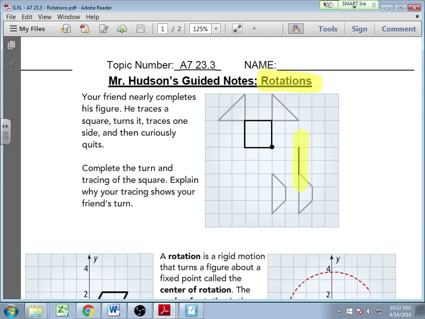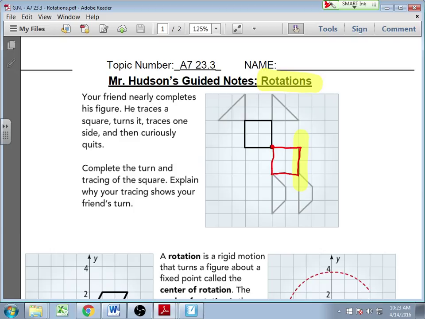So here, we have this point as my center of rotation. So if I'm going to rotate my square around that point and end up using this side, then I probably guess that this will come here. It has to still attach if it attached originally. So go ahead and finish out that square on your paper.